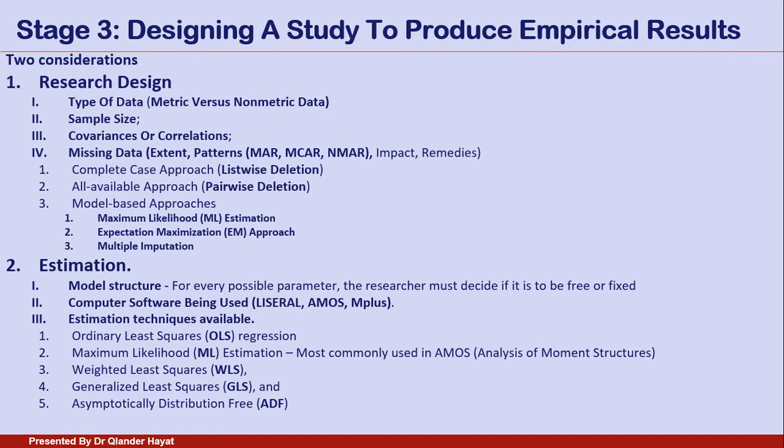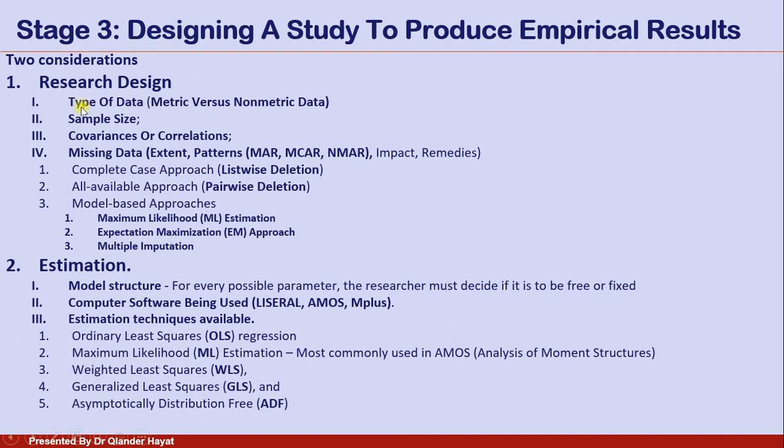In estimation, for example, you can use maximum likelihood, expectation maximization, or multiple imputation in dealing with missing data. The details are presented in chapter number 2 of this book.